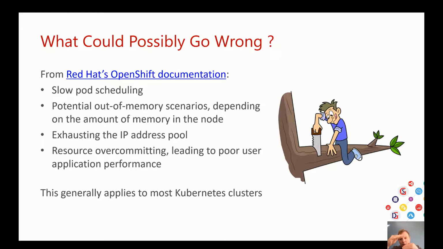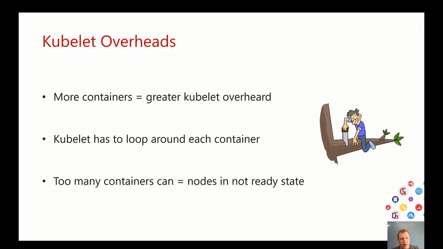You need worker nodes of a certain size, but if I'm trying to boil this down as simply as possible, rather than going for a few massive worker nodes, you're better off going for smaller worker nodes, but actually more of them. As I mentioned, if you have too many pods running on a worker node, this can lead to nodes being in a state of not ready.